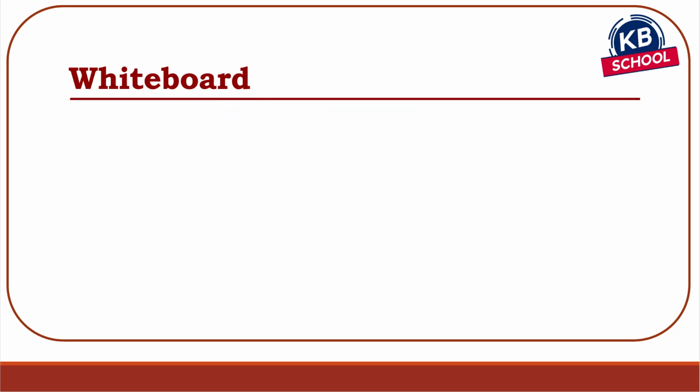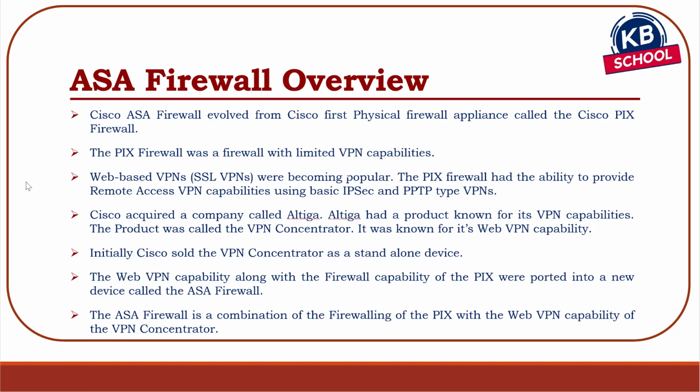So to recap, the first physical firewall was the PIX firewall. The firewall had limited VPN capabilities. The web-based VPN was not becoming popular at the time, and the PIX firewall did not have that capability. Cisco acquired another company by the name of Eltiga, and Eltiga had that device called the VPN Concentrator.